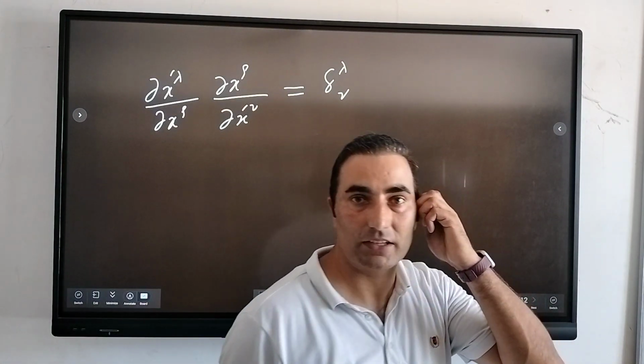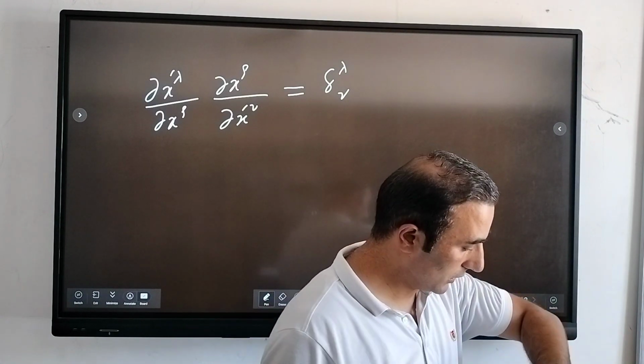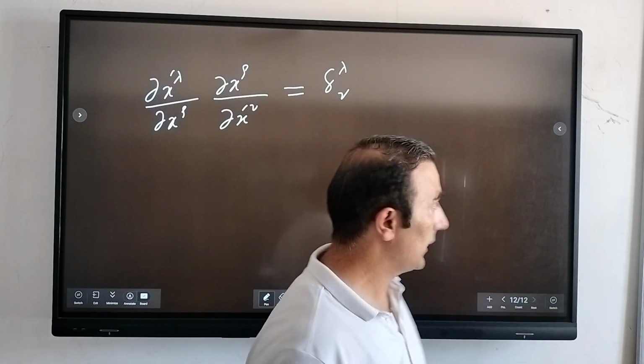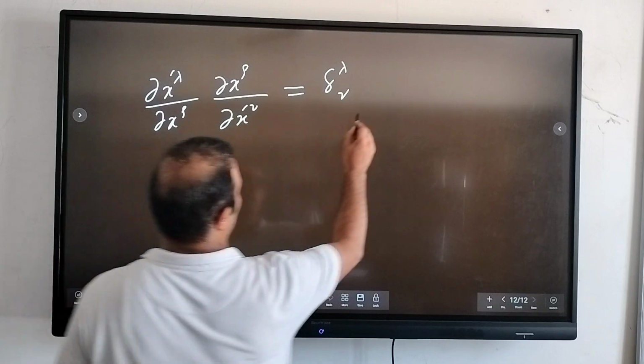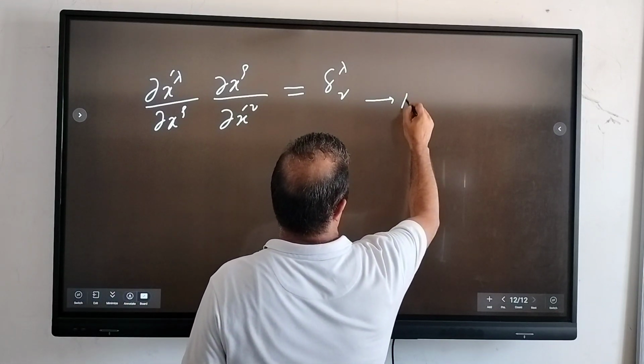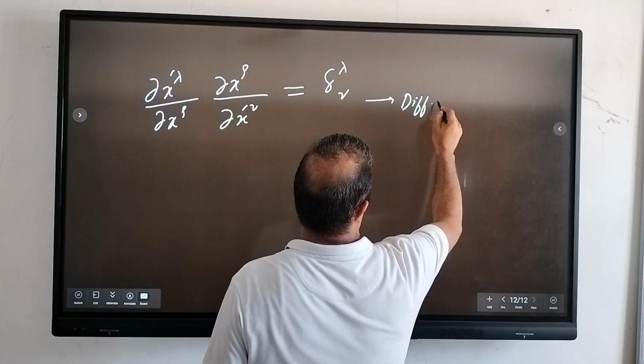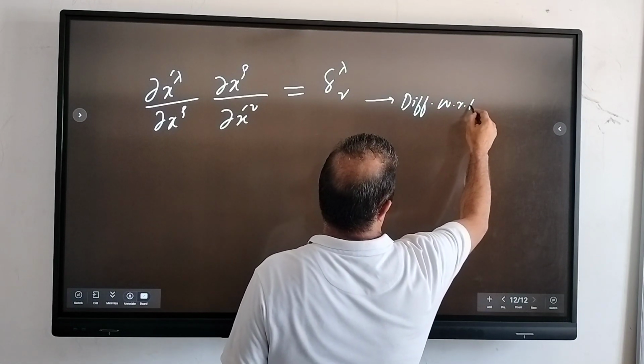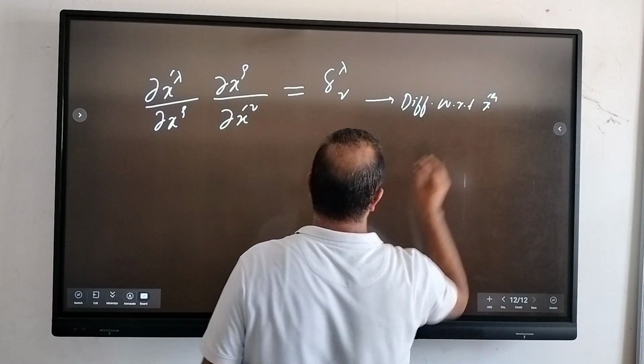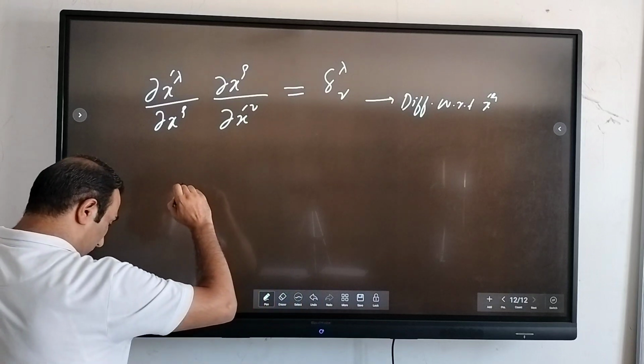We need to differentiate this equation, so we'll differentiate it with respect to x prime mu.